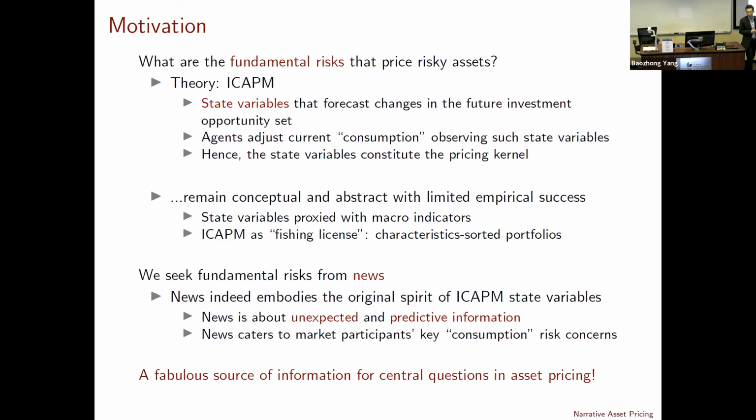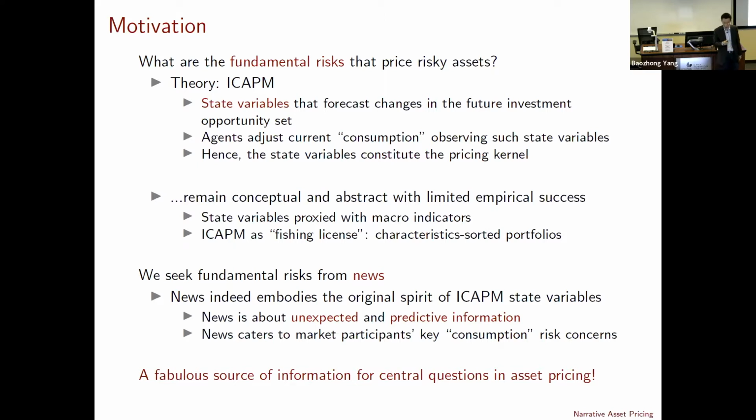So we are not just running a predictive exercise to use text to predict returns, but we are giving the canonical model a better chance. We take the model seriously and say, okay, news is really close to this object that already exists in the model, and we are trying to find that object by estimating the model using news data.